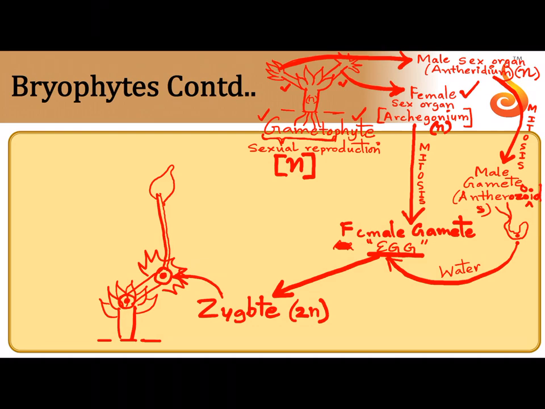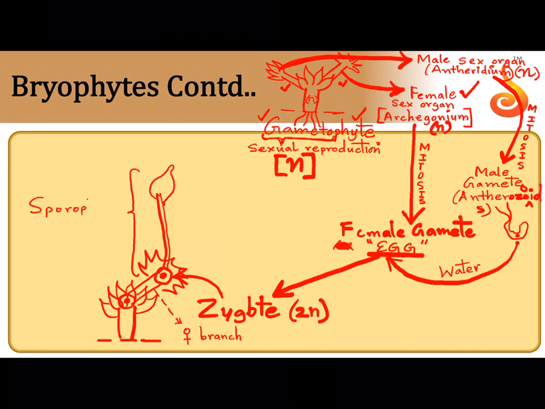See, this is the new plant. And this new plant which came from the zygote is on which branch? On the female branch. This is the female branch or the archegonial branch of the moss. I'm giving you the example of moss here. This is called a sporophyte.